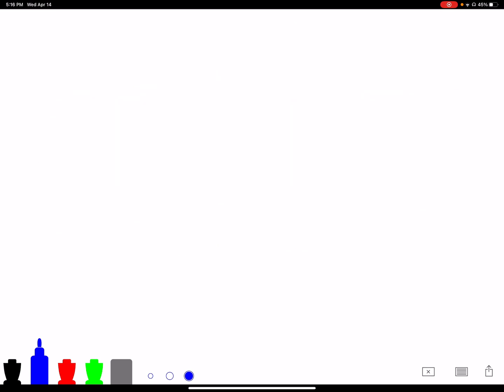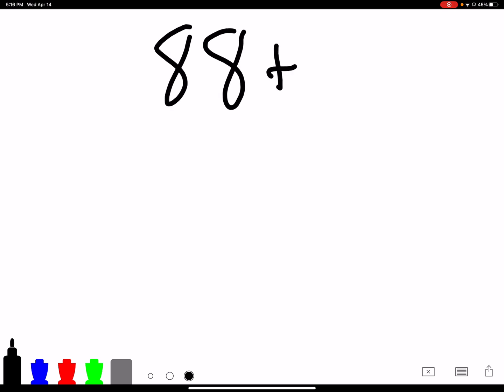Okay, and the last one. In this problem, we have 88 plus, let's see, I'm going to make my plus sign a little bit better. That was kind of sloppy. 88 plus 7. And it wants you to expand on this to make the 10 model.